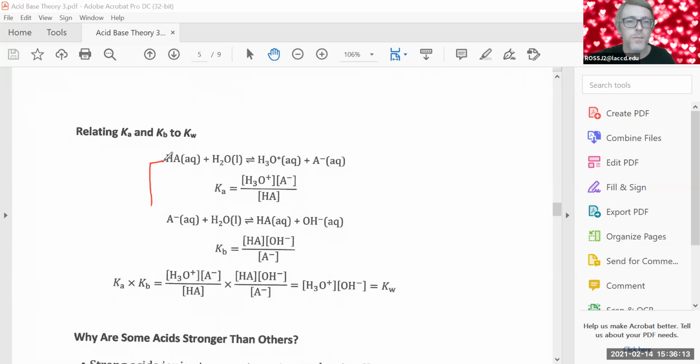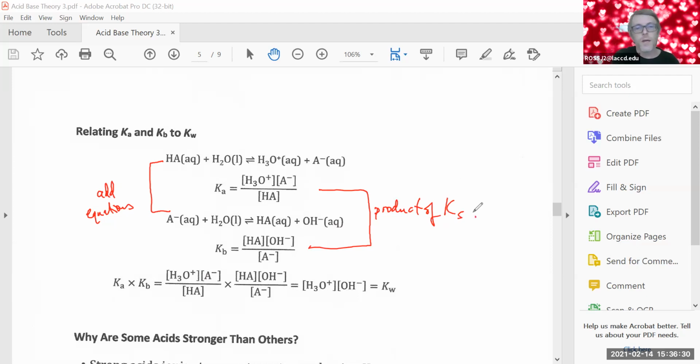You add equations, that means you take the product of K's. And you can see here that when you take the product of K's, certain things cancel. You've got HA in a numerator and a denominator. You've got A minus in a numerator and denominator. You're left with hydronium and hydroxide, and that by definition is Kw, which is 1 times 10 to the negative 14 at 25 degrees Celsius.